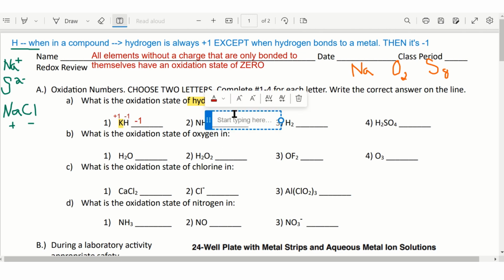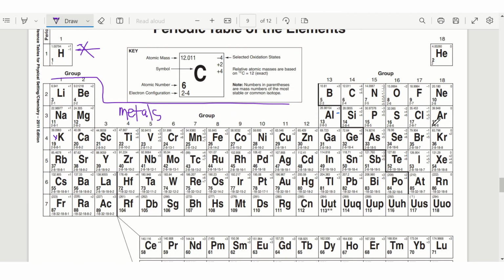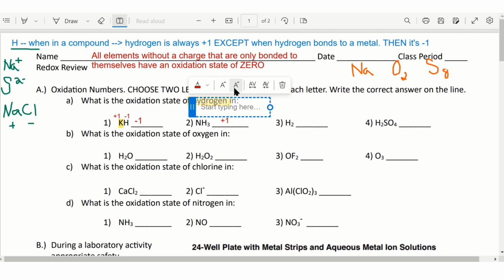All right, so let's look at this one. I have NH3. So H is with nitrogen. So let's go to the periodic table. Here's nitrogen, not a metal. So that means what is hydrogen's oxidation state? +1. Why does it work out? Well, there are 3 hydrogens.